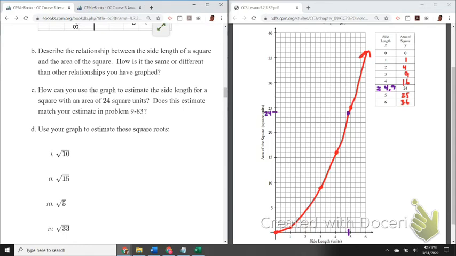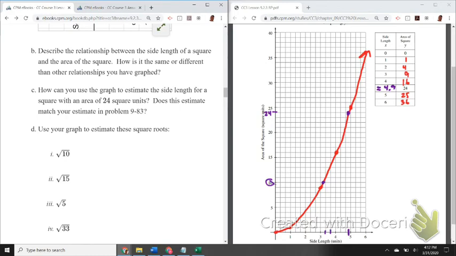So what's the square root of 10? Well, again, that's the area. If the area is 10, to square root it, my answer is right there. The side length is 3 point something. Now, if you look here, that's 3 and 4. And how many tick marks are between 3 and 4? There's 1, 2, and then there's 3. So there's 3 parts to it. So this first one right there would be 3 1/3.